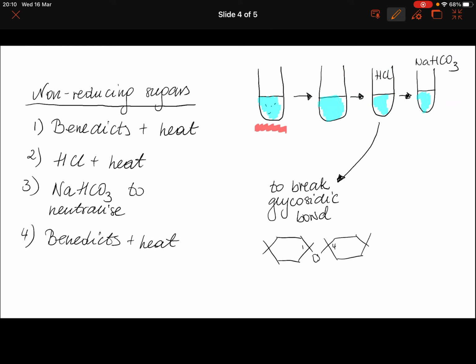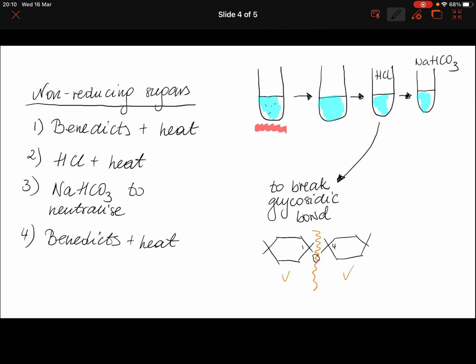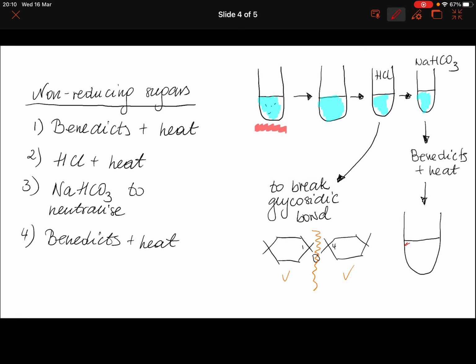Now we should predict and be confident that this is going to give us positive results, because we broke the glycosidic bond and we've got monosaccharides, and we know that monosaccharides are reducing sugars. So we again add Benedict's and heat our solution. By doing so, we now achieve positive results.